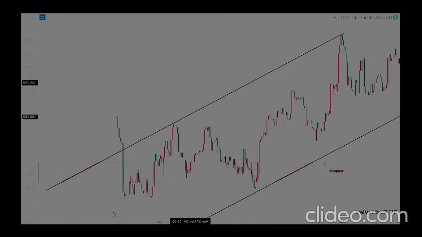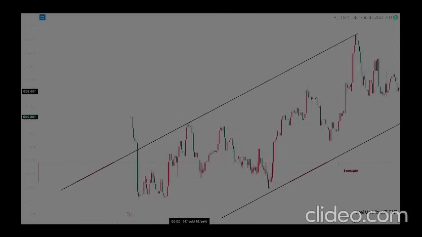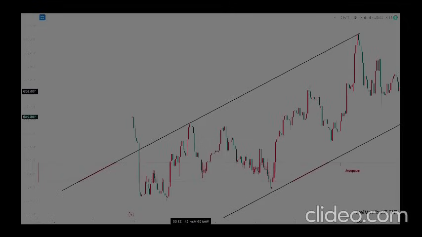So my suggestion is to wait for the retracement.